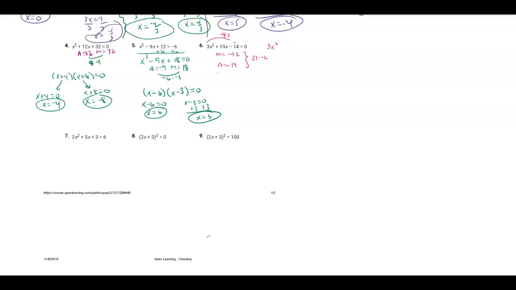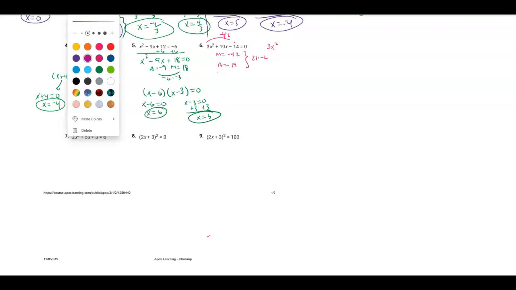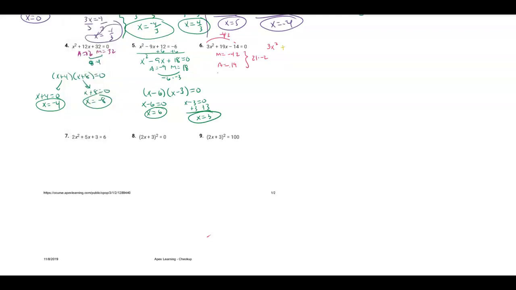So what we do is we rewrite that middle term using this. We're going to say 3x squared plus 21x minus 2x, but then we come back and we have the minus 14 equals 0. Now if you remember, we group the first two terms and the second two terms.